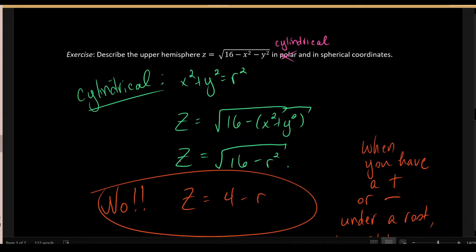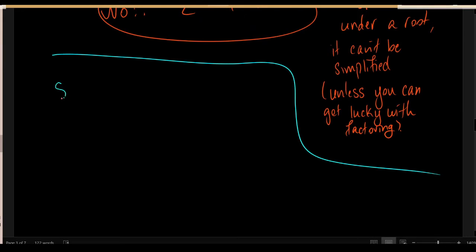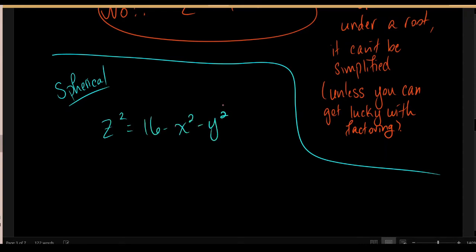Now, that quantity is not showing up explicitly right now, but if we take this equation and square both sides, then we might be able to get it to appear. Do a little rearranging, and we get x squared plus y squared plus z squared equals 16. We get rho squared equals 16, which gives us rho equals 4.